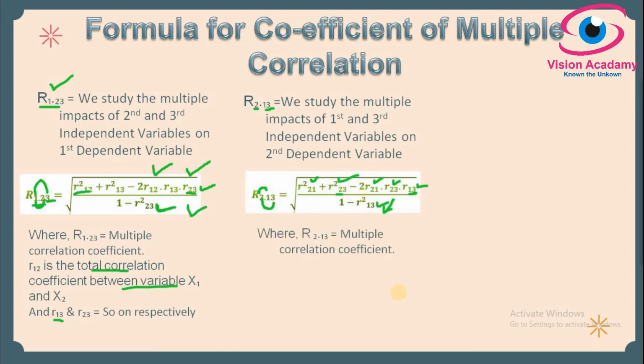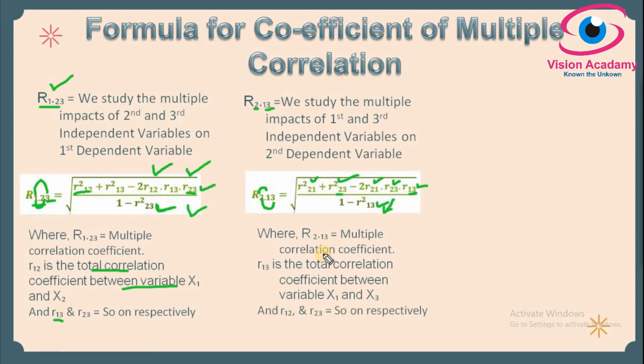Again R2.13 is a multiple correlation coefficient, and as I told you already, R13 is the total correlation coefficient between x1 and x3, R12 is the total correlation coefficient between x1 and x2, and R23 means the total correlation coefficient between x2 and x3.